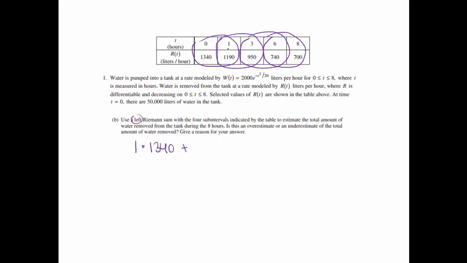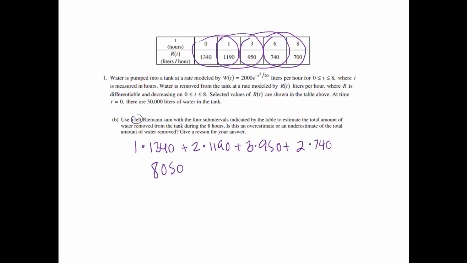Plus the region between 1 and 3, that width would be 2, and the left value would be 1190. Plus between 3 and 6, that width would be 3, and the left value in that interval would be 950. Plus the width of the interval from 6 to 8 is 2, times the left value of that region, 740. If you add that up, you're going to get 8,050.